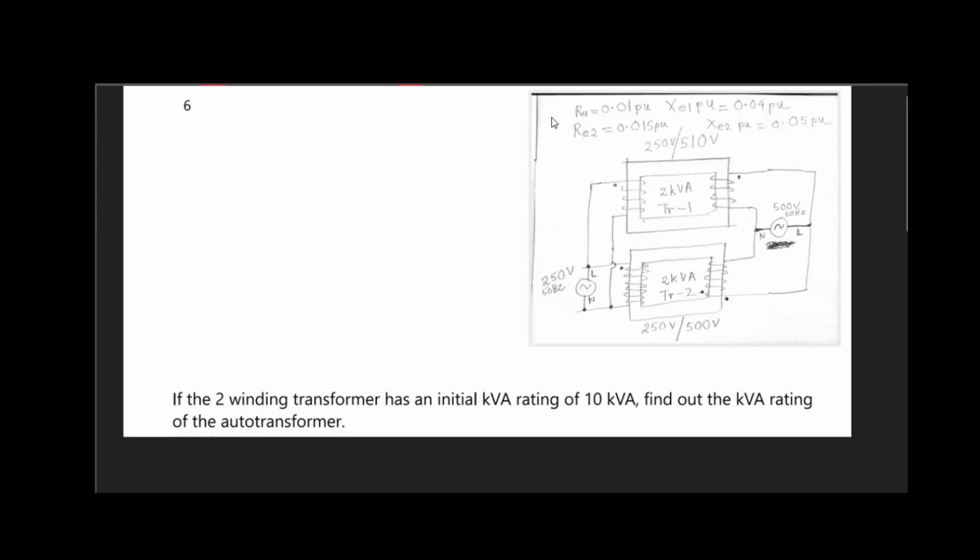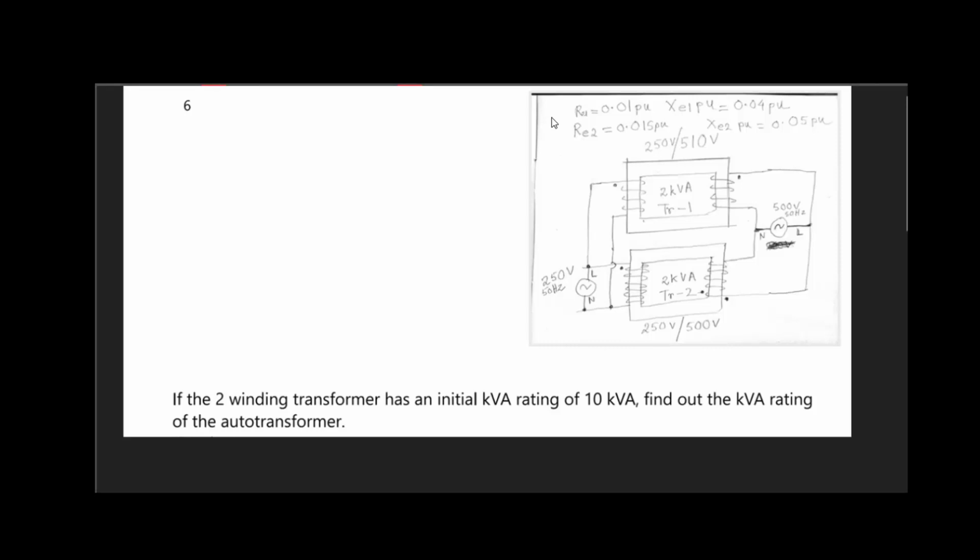Suddenly it got some problem, so let me write it clearly so that you can see it. What we have here: RE1 is equal to 0.01, XE1 is equal to 0.04, and RE2 is equal to 0.015.